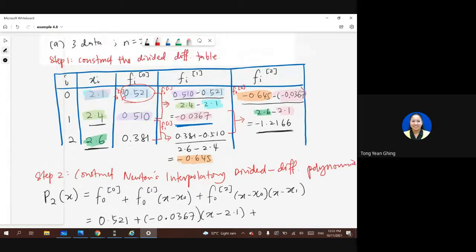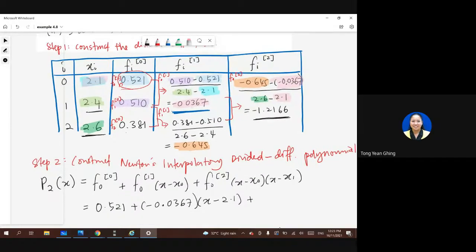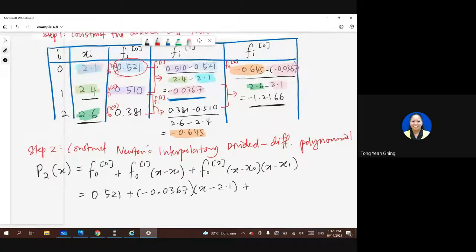So this is a F1 0 degree. F2 0 degree. So now tambah dengan negative 1.2166 times with x minus x0 is 2.1, x minus x1, x minus 2.4. Okay, this is the formula. This is a polynomial.